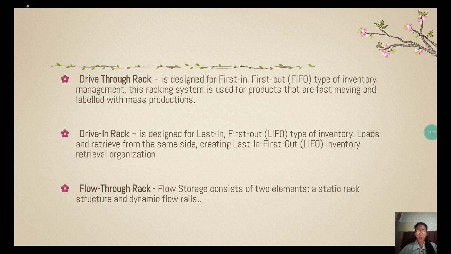Drive-in rack creates a cost-effective, high-density storage system that allows storage of pallets multiple positions deep, reducing the space required for aisles. Flow-through rack, also known as pallet flow rack or gravity flow, is a high-density solution for fast-moving SKUs or where warehouse space may not be suitable for a roll form or structural pallet rack system.